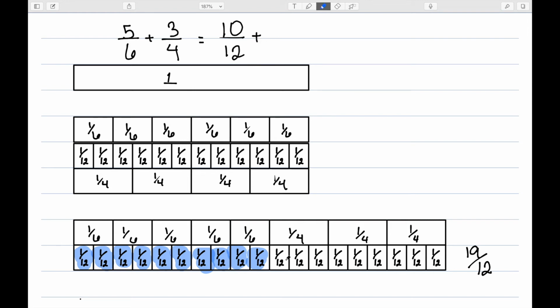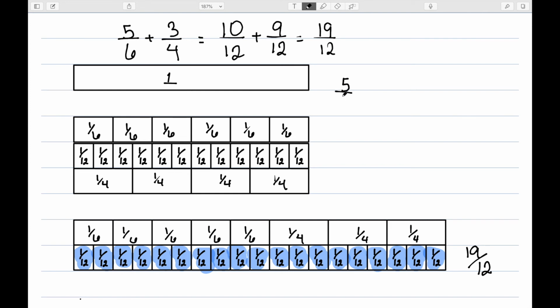Instead of 3/4, we had 1, 2, 3, 4, 5, 6, 7, 8, 9 pieces that were each 1/12. And that would also give us 19 out of 12.